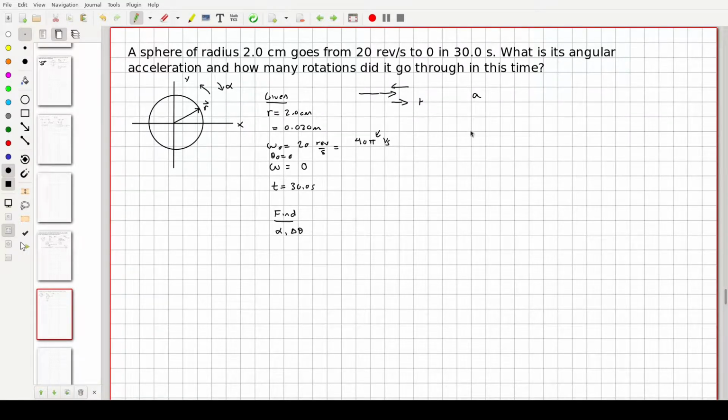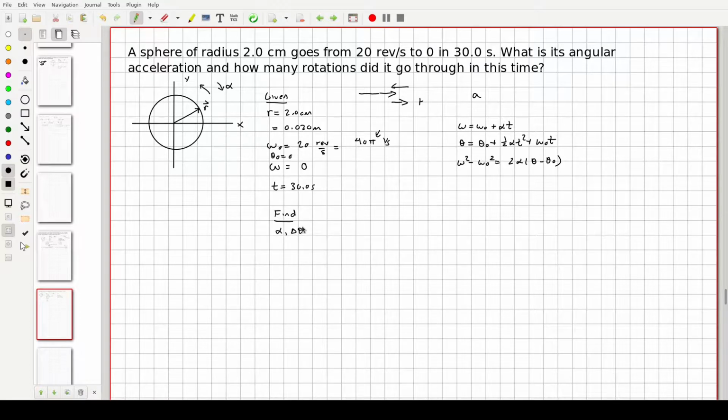So let's write out our kinematic equations here. Omega is equal to omega naught plus alpha times t. We have theta is equal to theta naught plus omega naught times t plus 1/2 alpha t squared. Plus we have omega squared minus omega naught squared is equal to 2 times alpha times theta minus theta naught. So what do you want to find first?